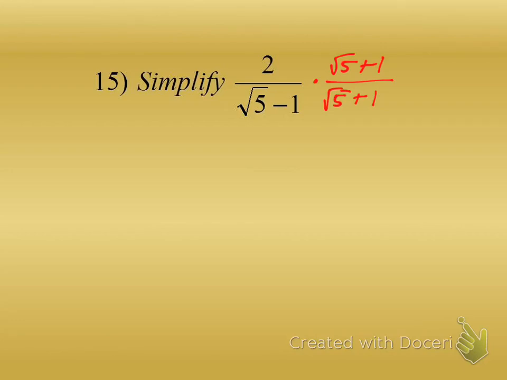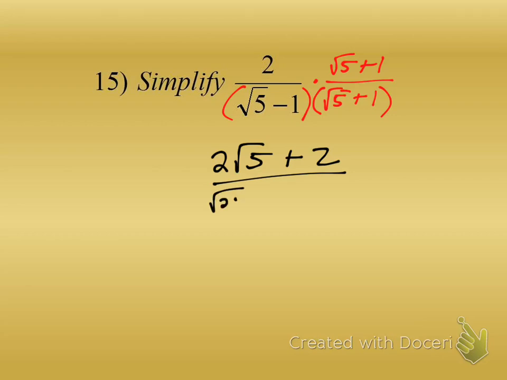Foil. It's binomials and binomials. Alright. So the top, you go 2 rad 5 plus 2. Over the bottom, rad 5 times rad 5. I'll write this out this way. It's rad 25. Plus rad 5 minus rad 5 minus 1.